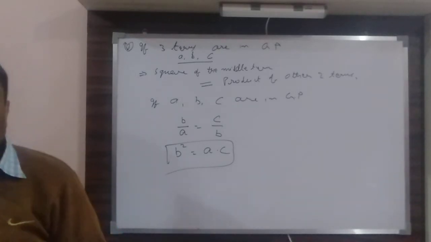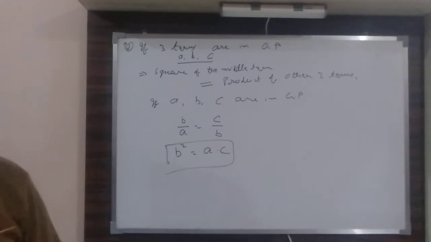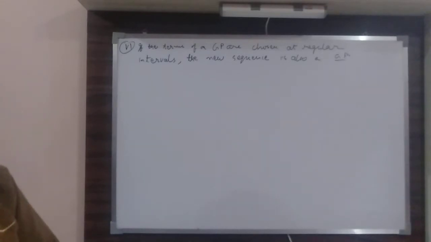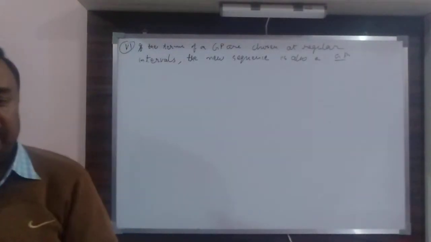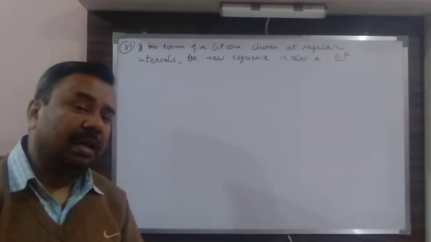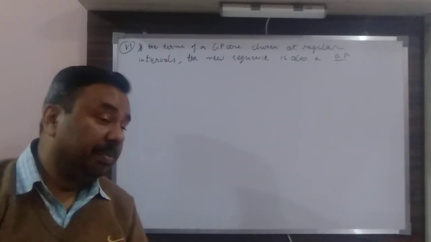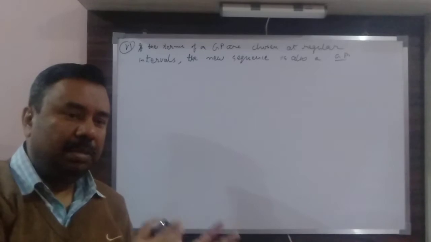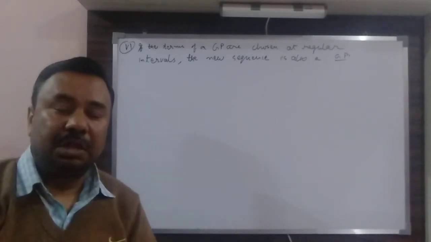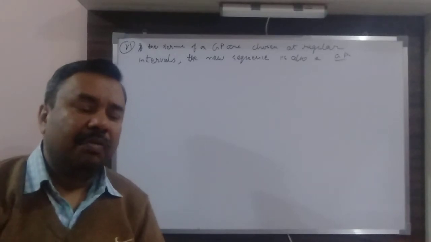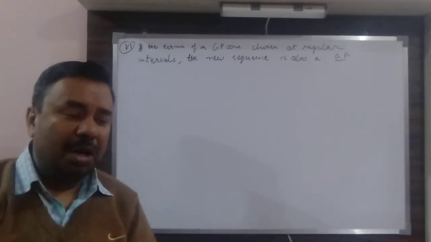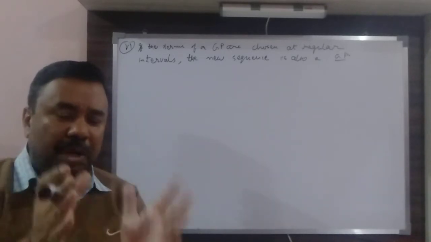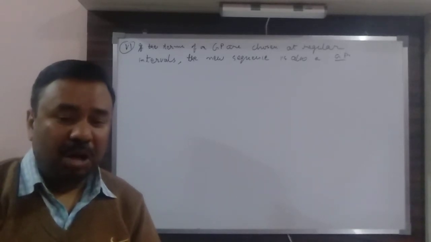Now there is one more property that is to be explained to you. If I select the terms of a GP at regular intervals, normally what we take is the first term, then the second term, then the third term, then the fourth term, like this. Suppose that we take the first term, skipping 1 or 2 or 3 terms as per your choice, but the number of terms that you have skipped should always be the same.